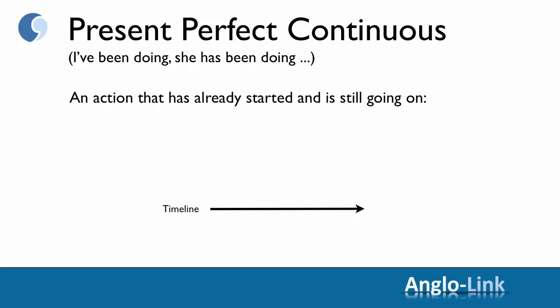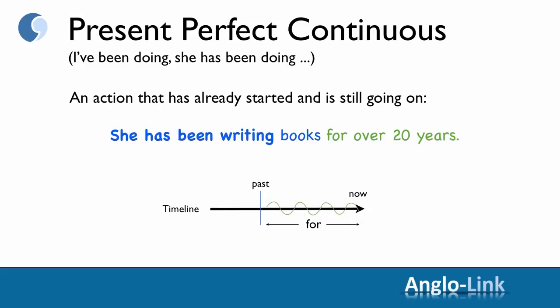Let's look at the timeline and the example together. She has been writing books for over 20 years. You can also use the word since with this tense. For example, she has been writing books since she was 18.